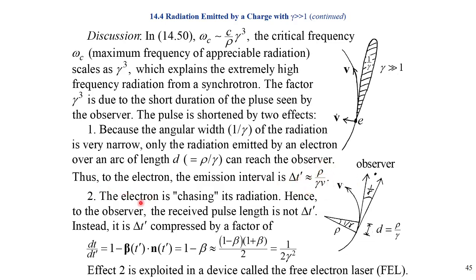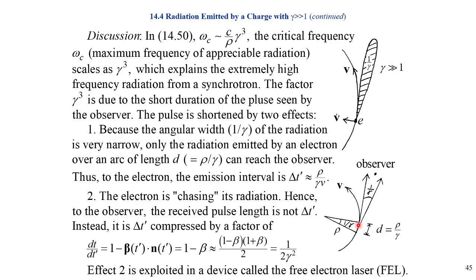Second, the electron is chasing its radiation. When the electron emits its radiation, it also moves, and the radiation moves at a speed very, very close to the speed of light.